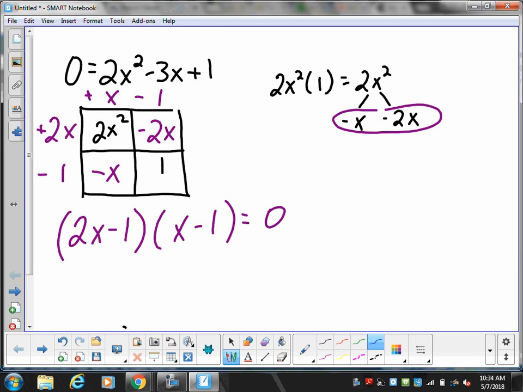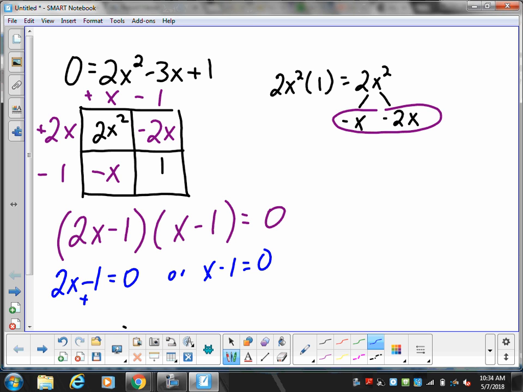All right. So to finish off this problem, we set each factor equal to 0. So 2x minus 1 equals 0. Or x minus 1 has to equal 0. And remember, that's the case because for this to equal 0, one of the factors has to be 0. The only way to get a 0 for a product is if one of your two factors is 0. And then we just solve each of those.